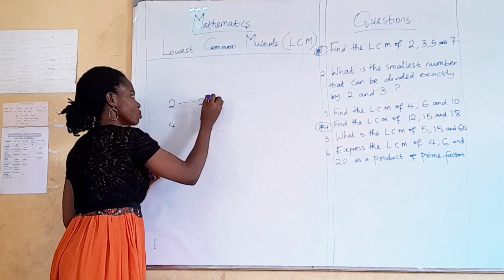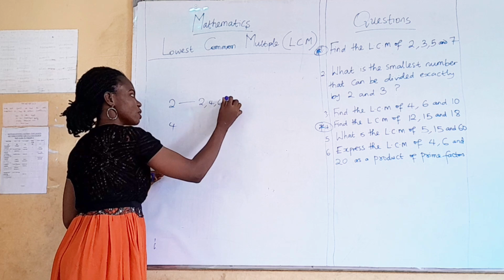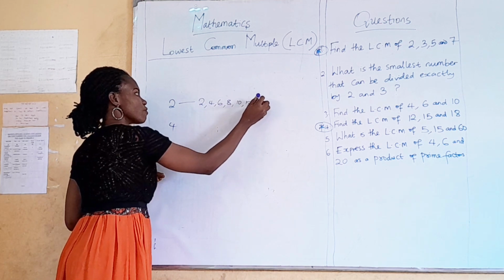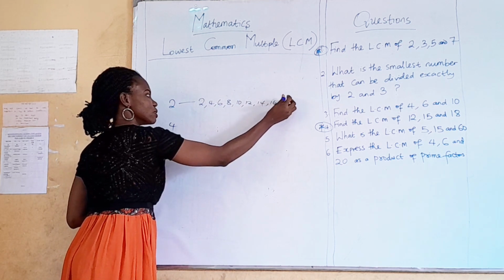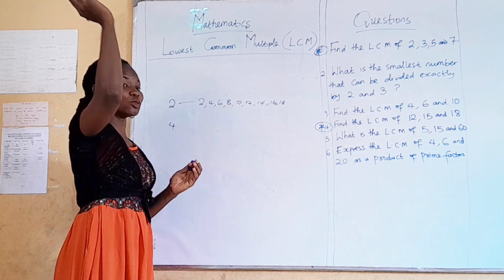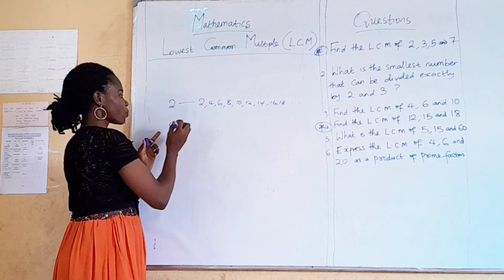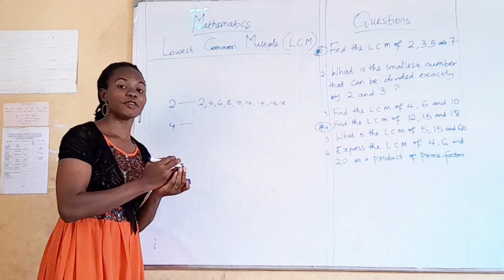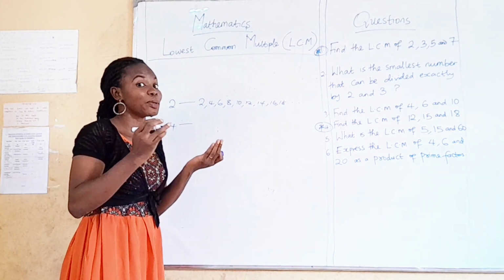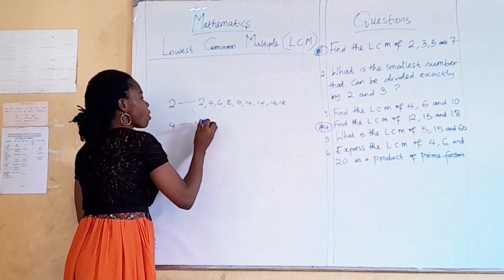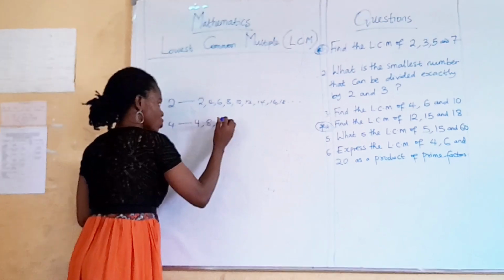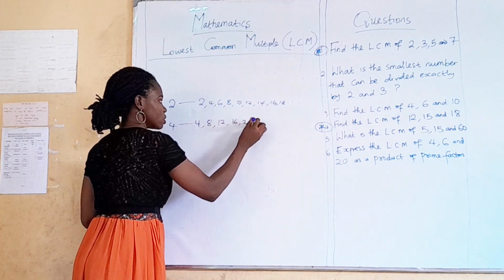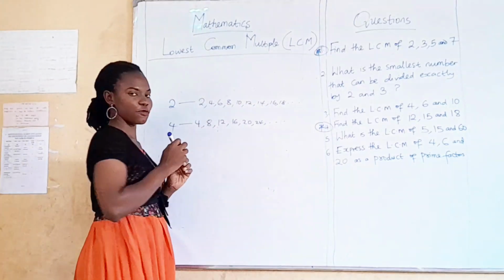They are 2, 4, 6, 8, 10, 12, 14, 16, 18, and so on and so forth. It continues. The same thing with 4. What are the numbers that 4 can divide without any remainder? In other words, what are the multiples of 4? They are 4, 8, 12, 16, 20, 24, and so on.